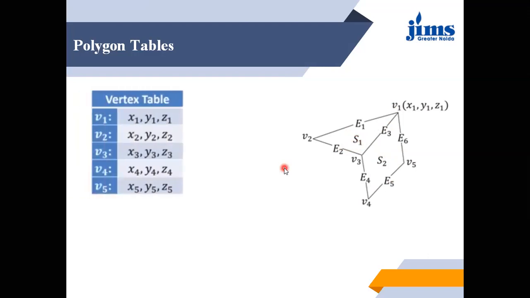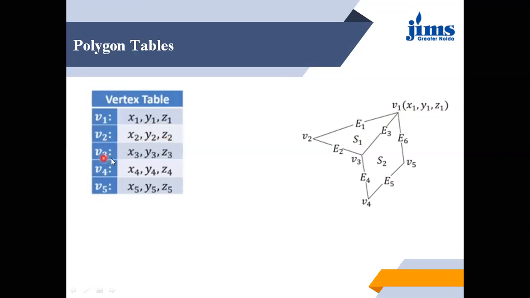We can represent the vertices in a table. There are five vertices V1, V2, V3, V4 and V5, and the coordinates of V1 are X1, Y1, Z1. The coordinates of V2 in the same representation are X2, Y2, Z2.